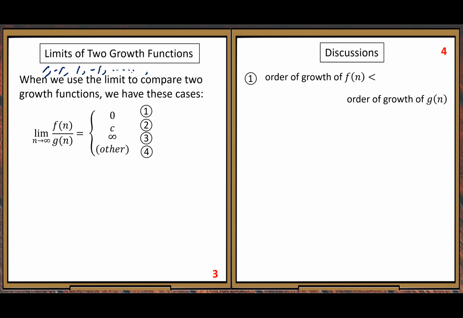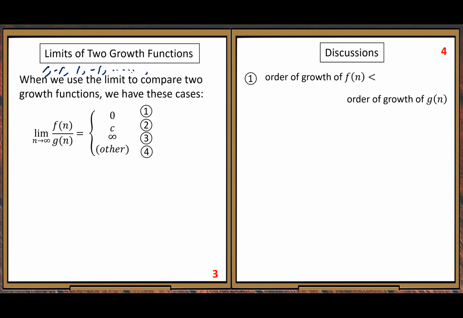That means the denominator function grows faster, because eventually, when the problem size is really large, the ratio goes to 0. So we can easily see the order of growth of f of n is less than the order of growth of g of n. That's case 1.